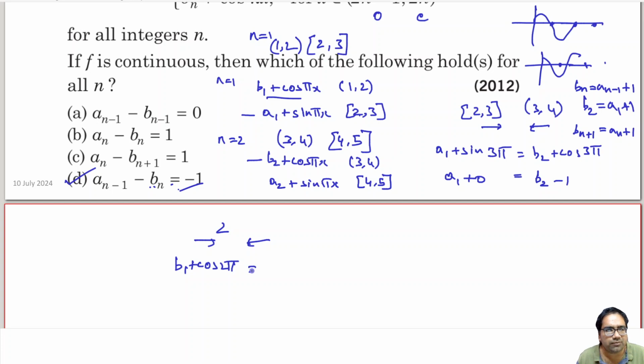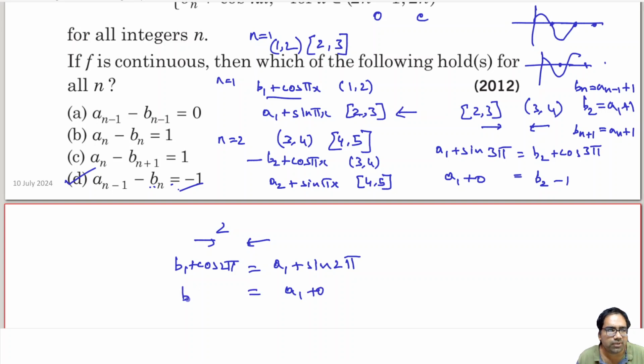And when approaching 2 from the right hand side, that becomes this one, a1 plus sine 2 pi. Sine 2 pi is anyway 0, so this is a1 plus 0.